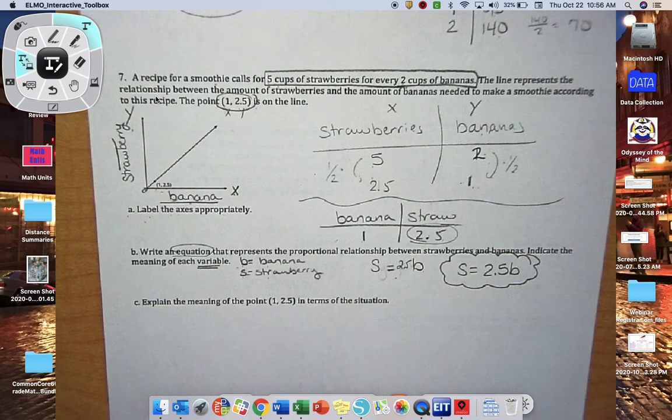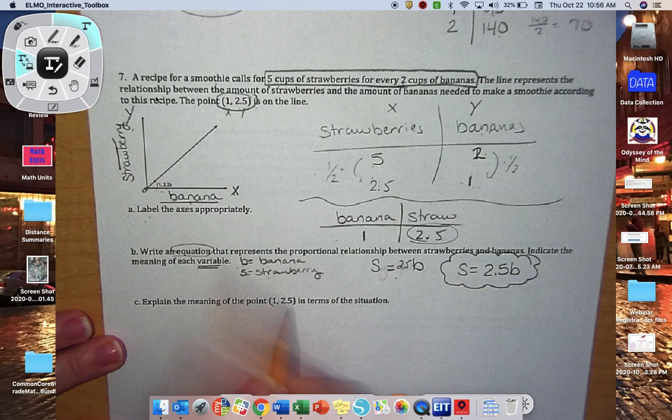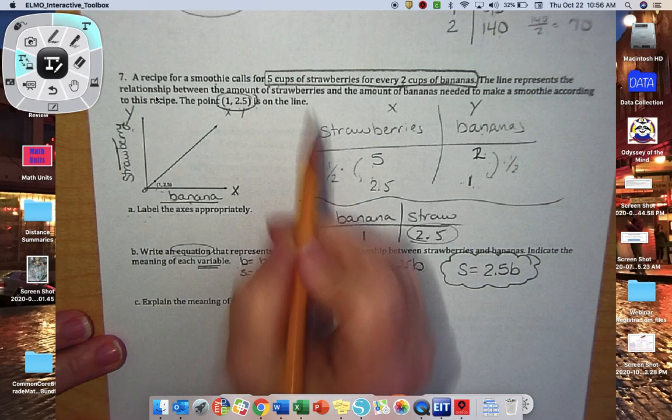And letter C says, explain the meaning of the point 1, 2.5 in terms of this situation. All right, you guys, the situation is the fact that we're making a smoothie with strawberries and bananas. So the 1 represents the number of bananas. The 2.5 represents the number of strawberries in cups.